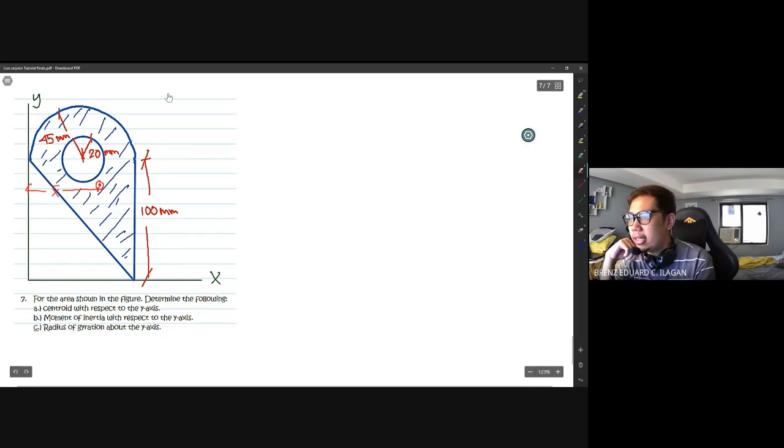So para makuha yung total area, ano ba yung shape na bumuo dyan? Di ba triangle? So area ng triangle plus area ng semicircle, okay?